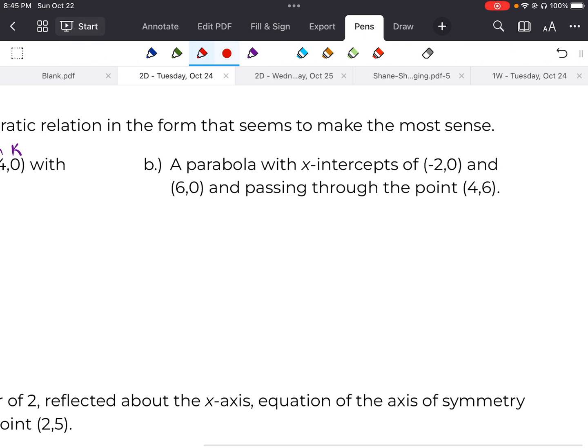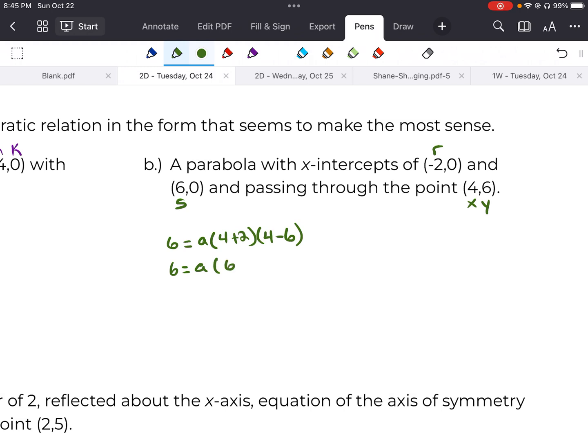Okay, a parabola with x-intercepts of negative 2 and 6 passing through the point 4, 6. So we know r, s, x, y. We get 6 equals a bracket 4 plus 2, 4 minus 6. 6 equals a times 6 times negative 2.